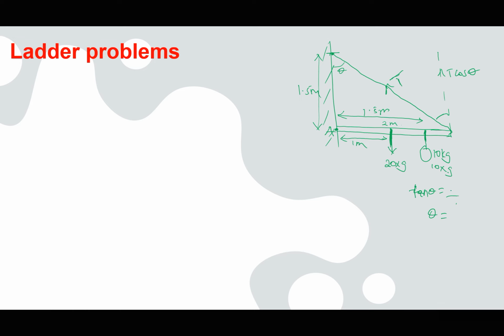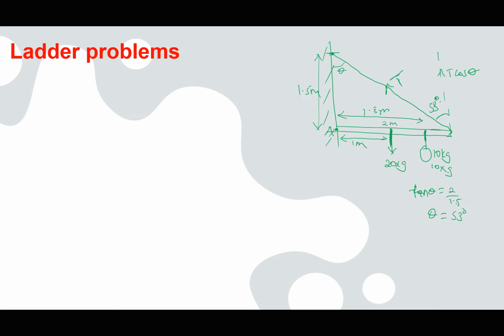So this is 2 over 1.5. So shift tan inverse of 2 divided by 1.5. So it means theta is going to be 53 degrees. So this is 53, this will also be 53 degrees.